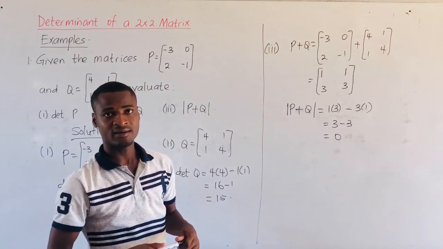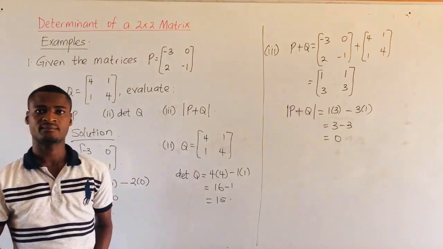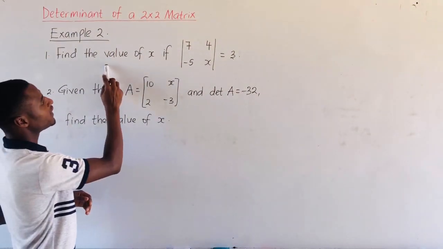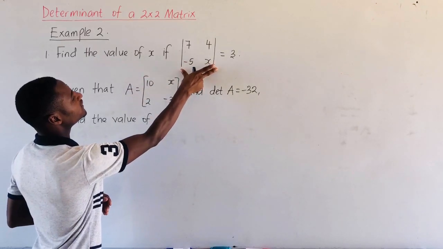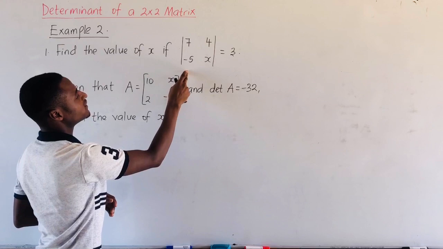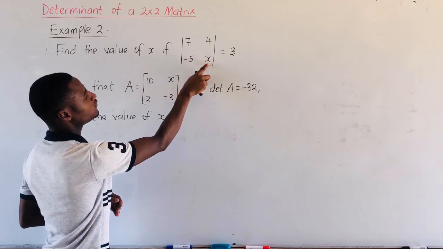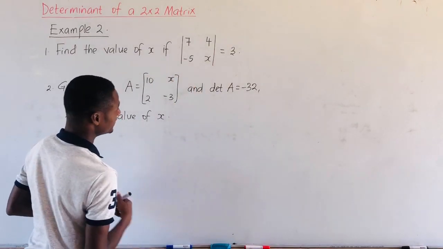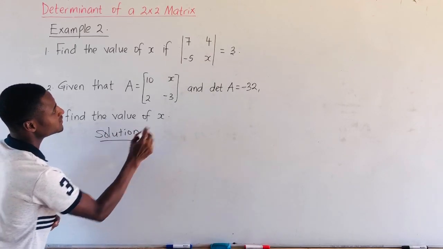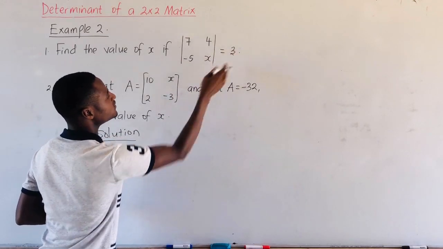So we will take our next example on this. Looking at the first question here, we are given the determinant of a matrix. These two bars represent determinants, and we are asked to find the value of x. So first, we need to find the determinant of this matrix and equate it to 3.